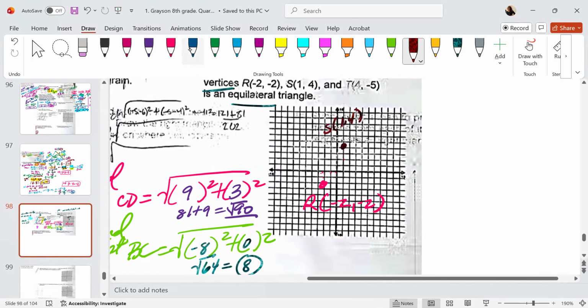Next one. 4 and -5. Is that what you have? Is that what yours looks like? Because yours doesn't look like mine. So what are the three sides you need to find?